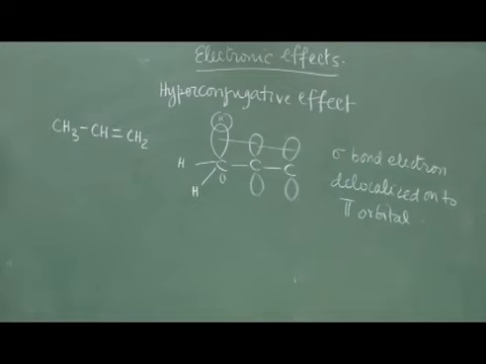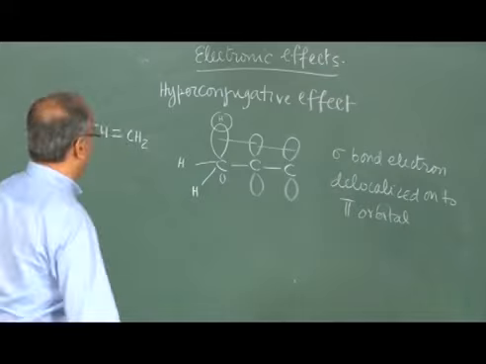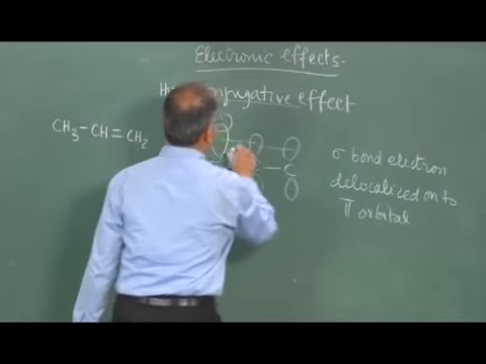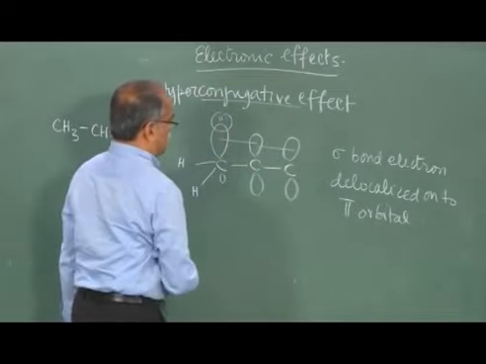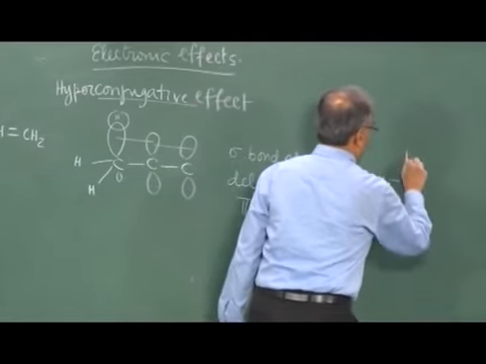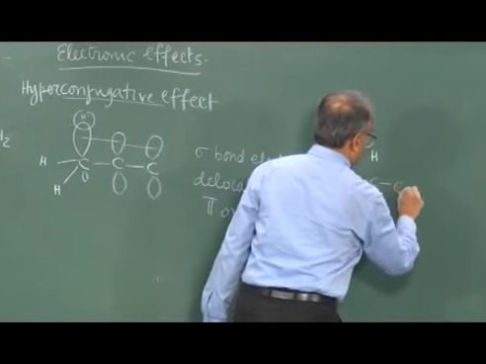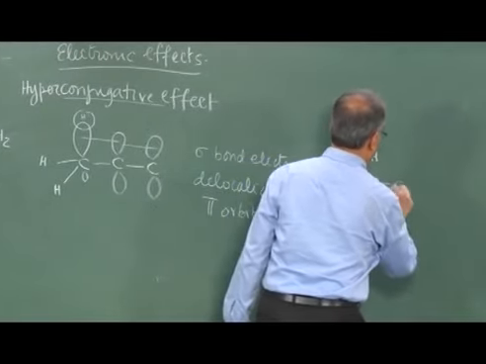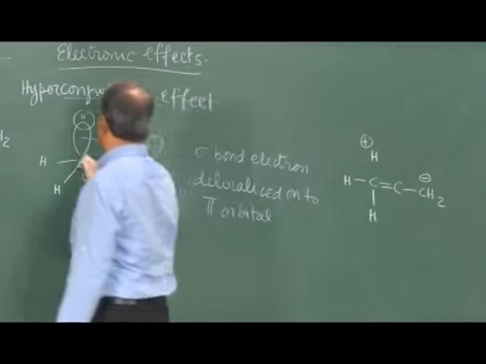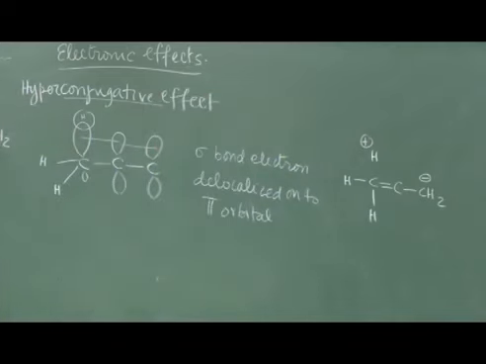And this is a kind of effect which is known as the sigma resonance effect, and this is also known as the hyperconjugative effect. In other words, this bond is in conjugation with the pi bond, and as a result, the structure that one normally writes is as if the electron density from the carbon hydrogen bond is completely donated onto the vinylic group, representing this particular structure like this.